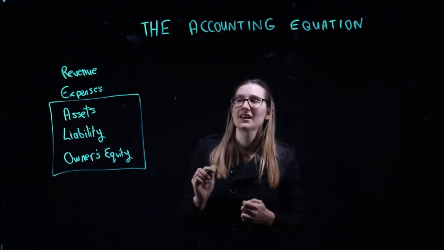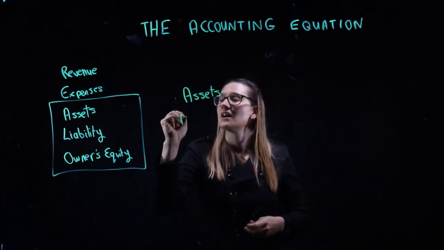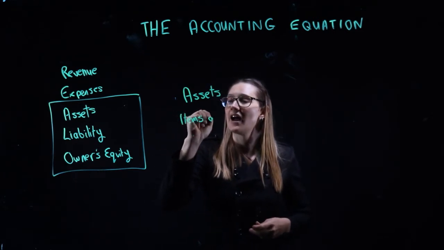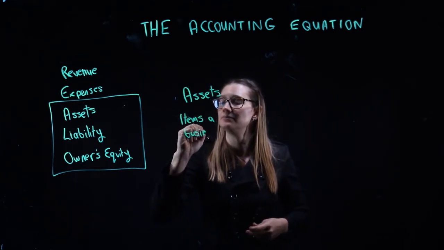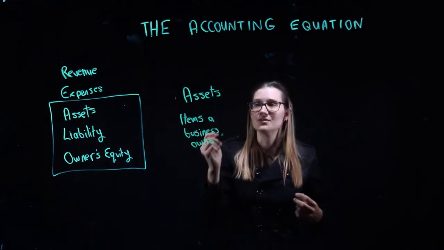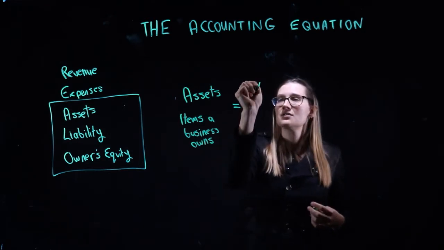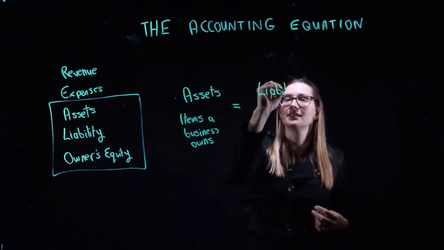Well, the basic accounting equation means that everything you own, so all of your assets, these are the items a business owns. Everything a business owns is equal to what you have borrowed. So we would call this liabilities.